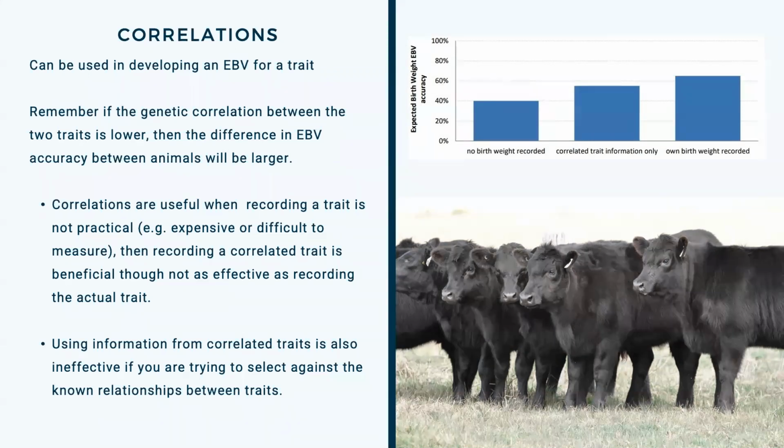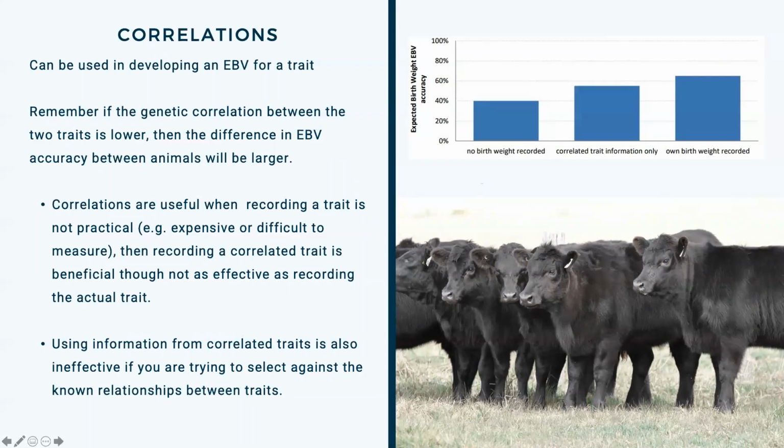So things like birth weight, for example, can be quite a useful tool for a lot of people, a level of information that they require. But if you're not able to record birth weight when it is supposed to be recorded, then we can rely on correlations, using that known data to start to give us some degree of accuracy around that specific trait.